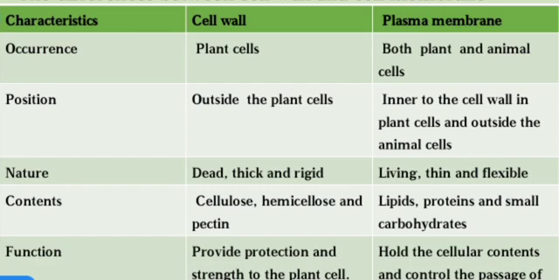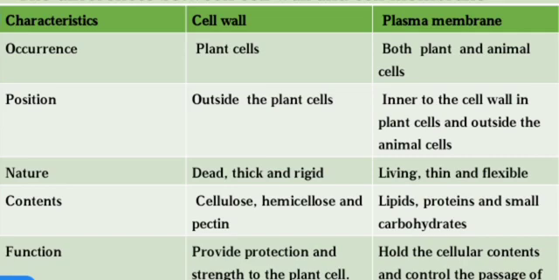In animal cells, only the plasma membrane is present, outside the cell, whereas the plant cell contains both the plasma membrane and the cell wall, which lies outside the plasma membrane.